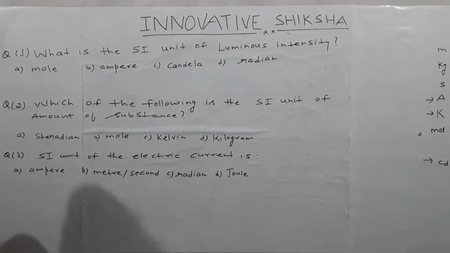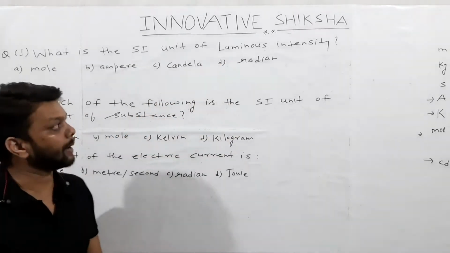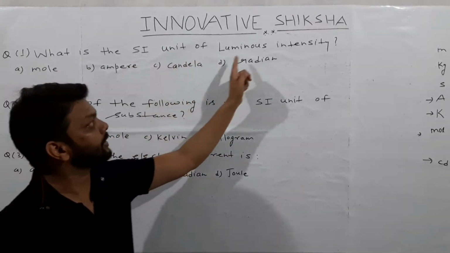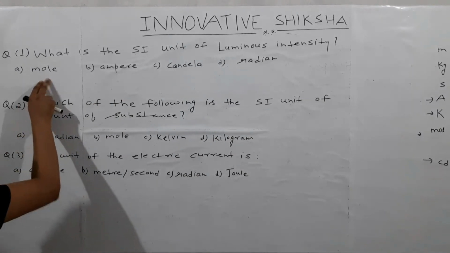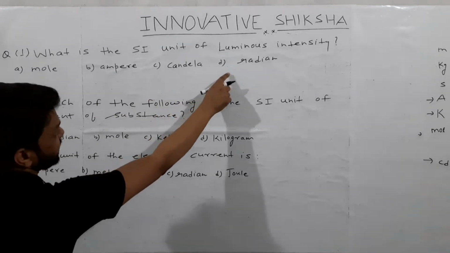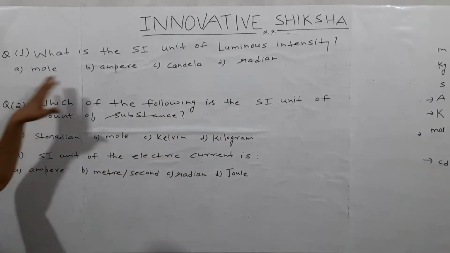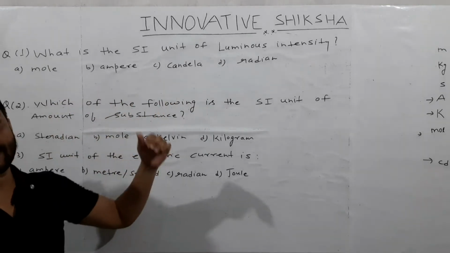Your first question is, what is the SI unit of luminous intensity? Your options are: option A mole, option B ampere, option C candela, and option D radian. You have four options, and one of them is correct, so you have to choose the correct one.